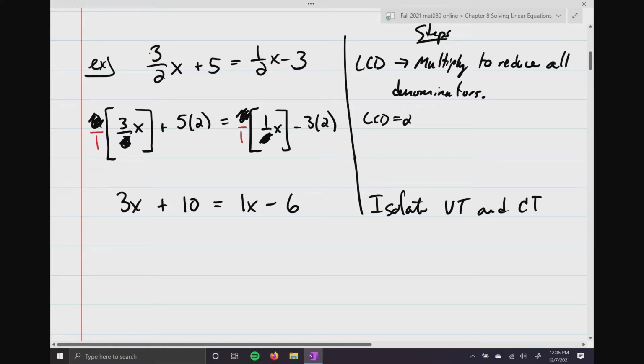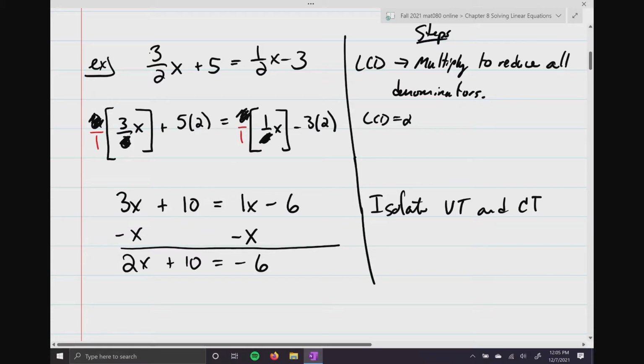So I don't care what you move first. All you got to do is pick something. I'm going to pick the 1x. So I'm going to subtract x from both sides of my equation. Now the reason why I'm subtracting x is because this x is positive. So 3x minus x is 2x plus 10 equals negative 6. So now I'm almost done with isolating the variable term.